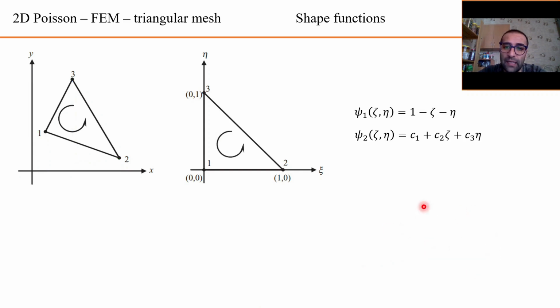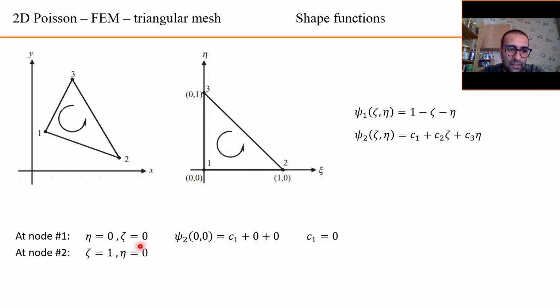Again, the second shape function could be a linear combination, let's say a linear shape function in this new coordinate using the same properties. This shape function number 2 should be 0 here and 1 here. Therefore, since it must be 0 here, c1 should be 0. At this node, the shape function should be 1.